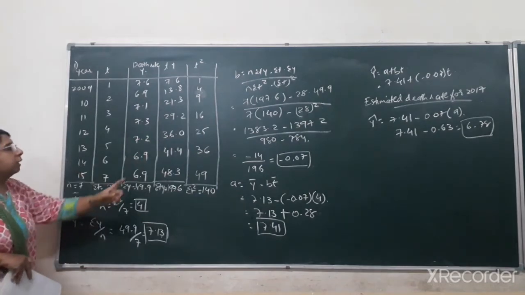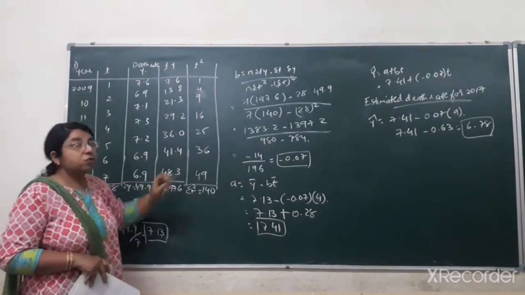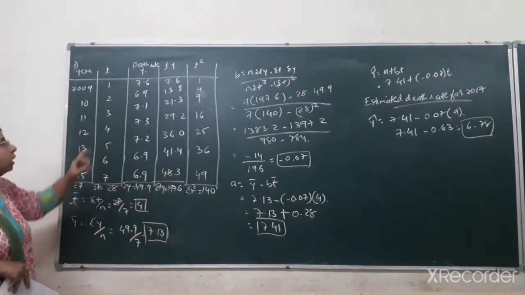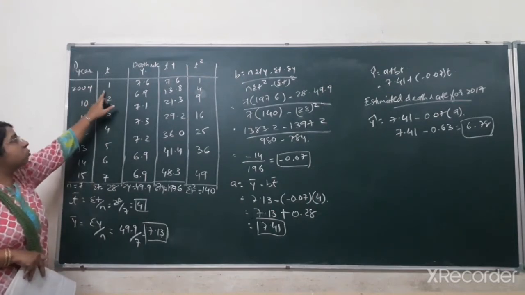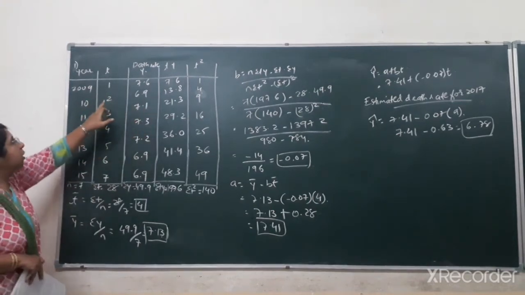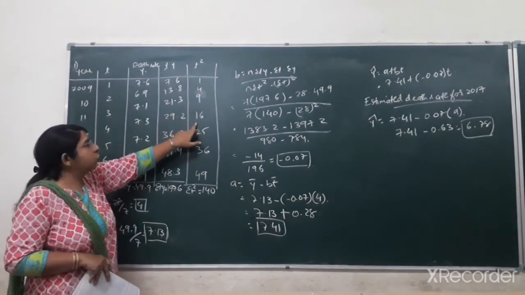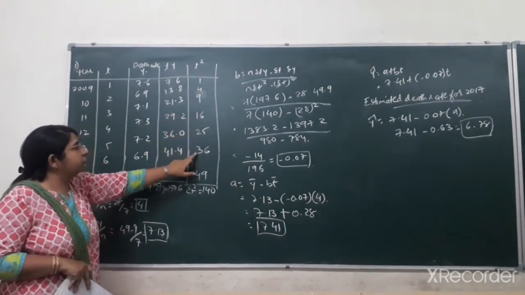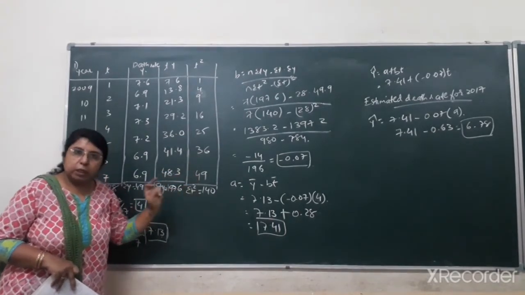Okay. Now after finding the value of Ty, that is T into y, you have to find T square. It means you have to multiply the value of T twice. Here you can see first value, that is 1. So 1 square, it will come 1. 2 square means 4. 3 square means 9. 4 square 16. 5 square 25. 6 square 36. And 7 square, that will come to 49.